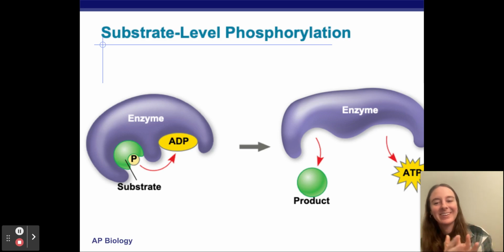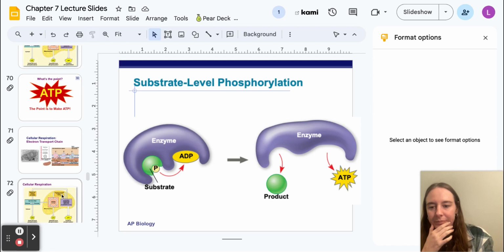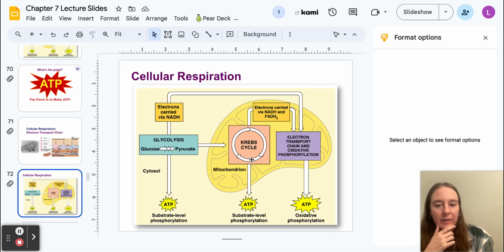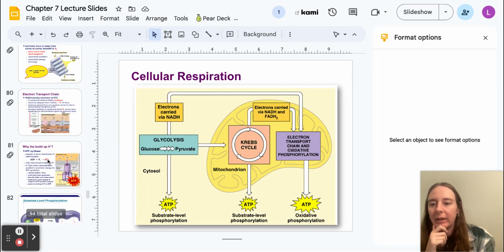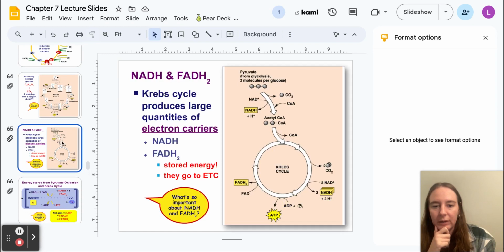Here's basically what it means. When we were back in glycolysis and the Krebs cycle, whenever we were making ATP, we were taking ADP and making ATP.